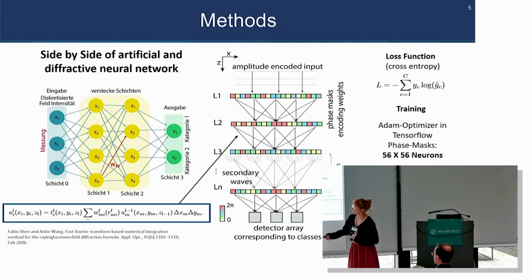I will mostly skip over these method slides because all of you are already experts. But maybe interesting is that we are using cross entropy as a loss function, which prefers accuracy over contrast. And we have 56 by 56 neurons per layer, just so that you get an idea about the size.